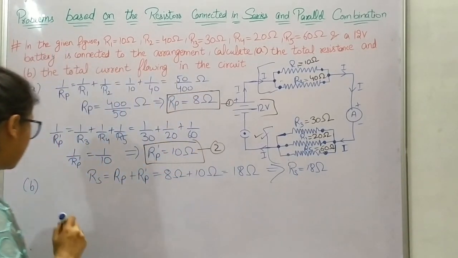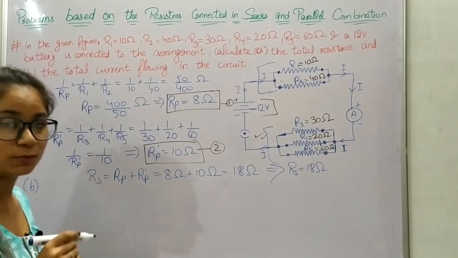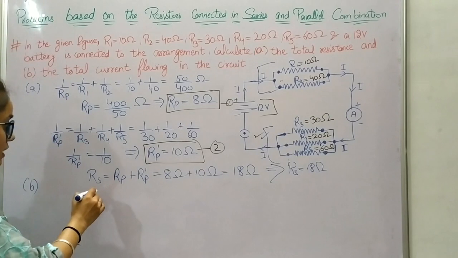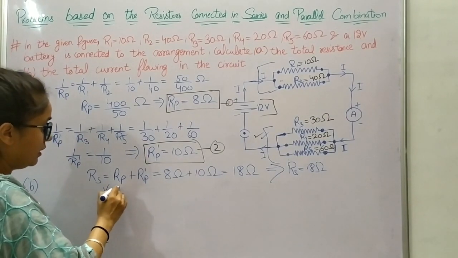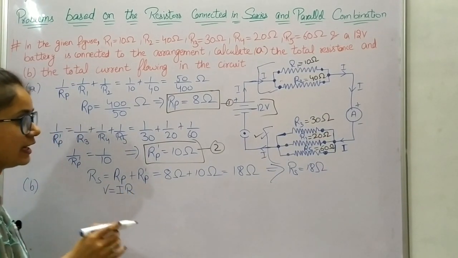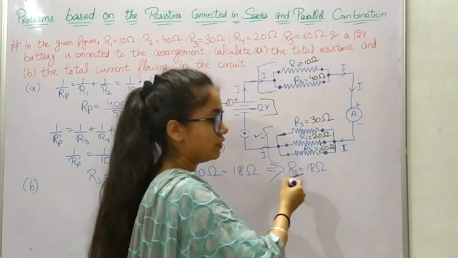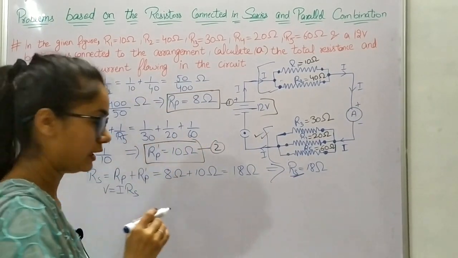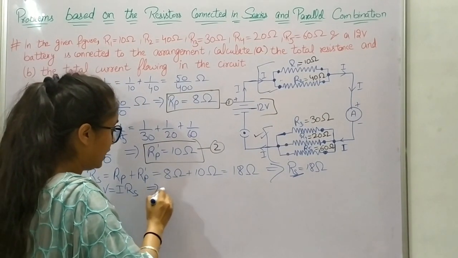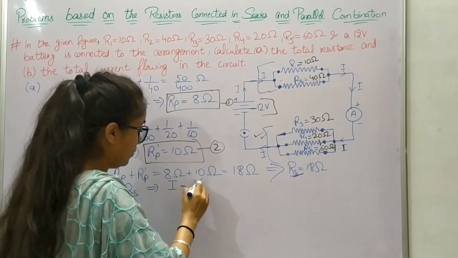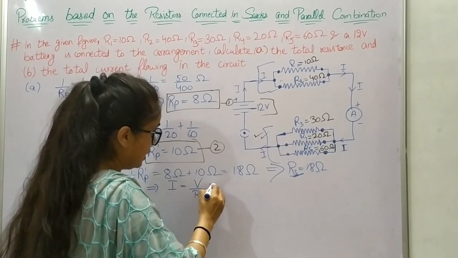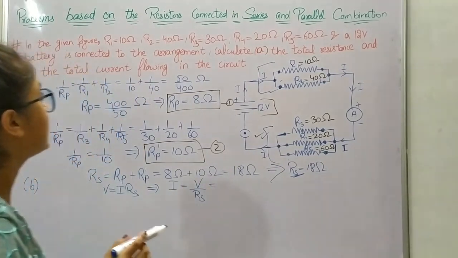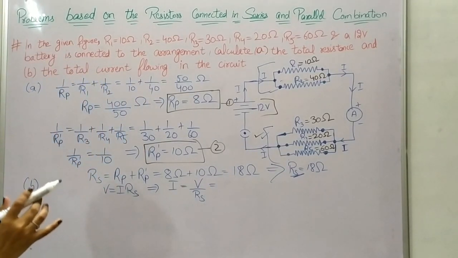What does Ohm's law say? What is the mathematical formula of Ohm's law? It is V equals IR. As we are using Rs for the total resistance, it would be V equals I Rs. As we are trying to find the current, it would be I equals V over Rs. Now what is the value of V? What is the potential difference in this circuit?